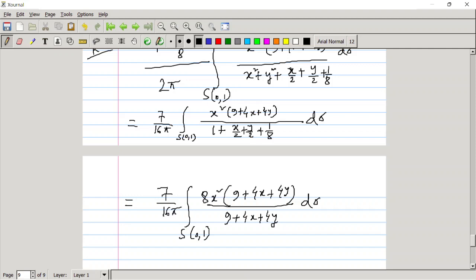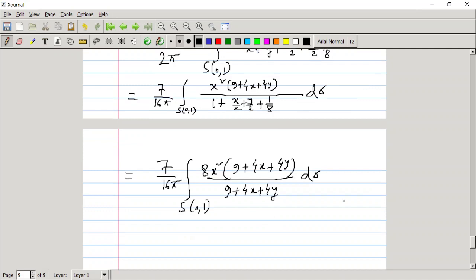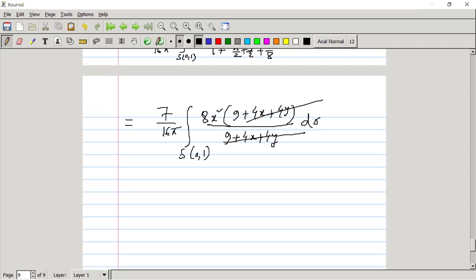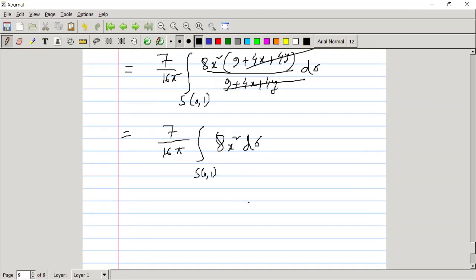Just calculation, 8 plus 1 is 9. This 4x and 4y, right? This numerator, sorry, this denominator, right? So this will cancel out. Just you have to integrate of 8x square. So it is 7 by 16 pi integral over s01 8x square d sigma, right? It is integrating over the surface, over the boundary.